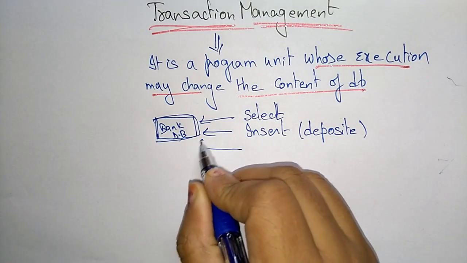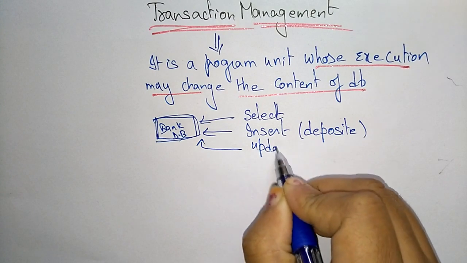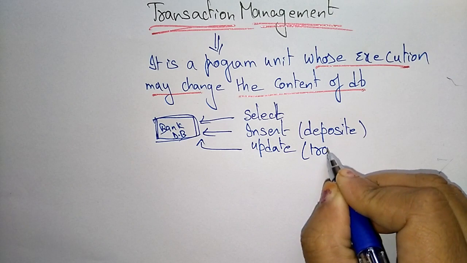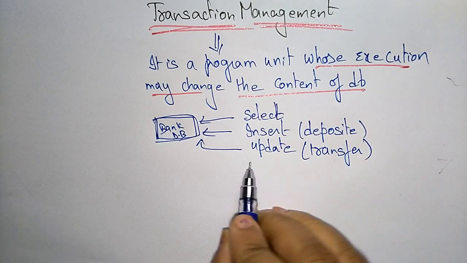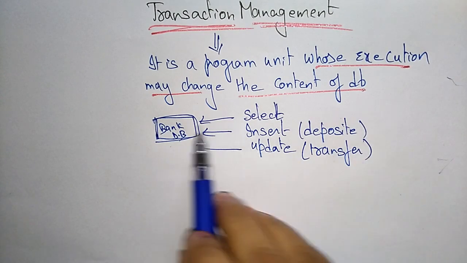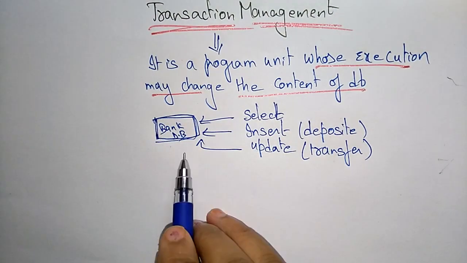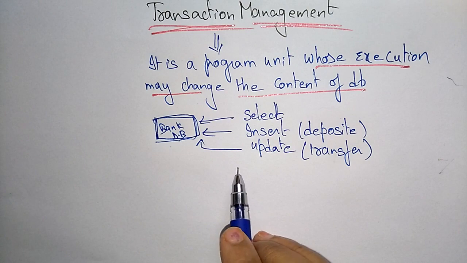Suppose you update, transferring the data from one account to another account. Here also the execution may change the content of the database. The database content is changing, so you call it a transaction.